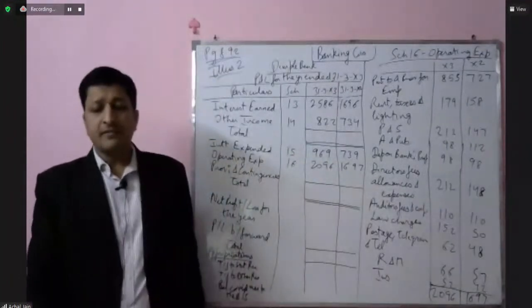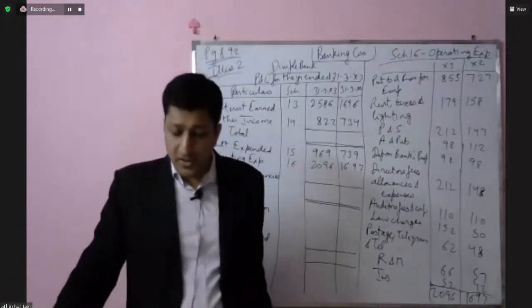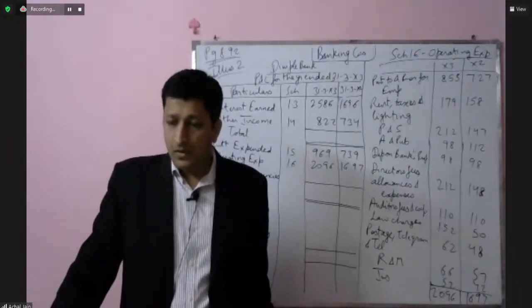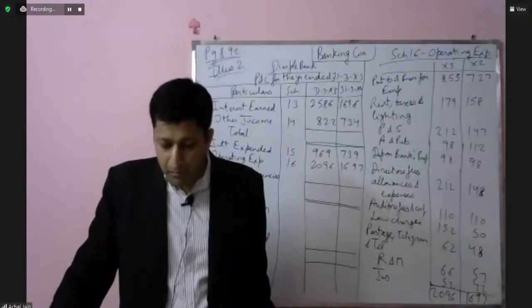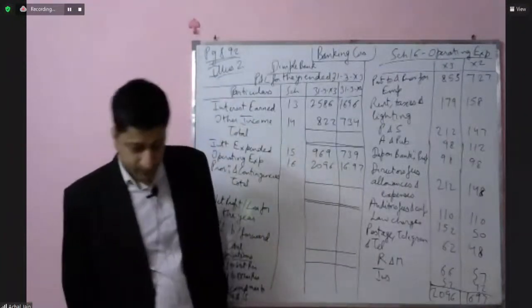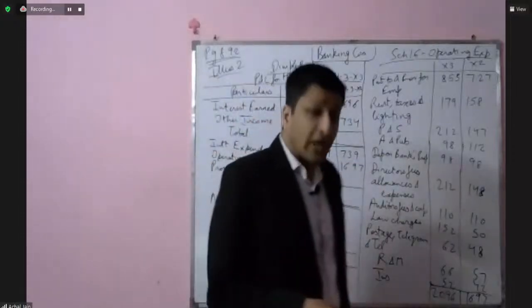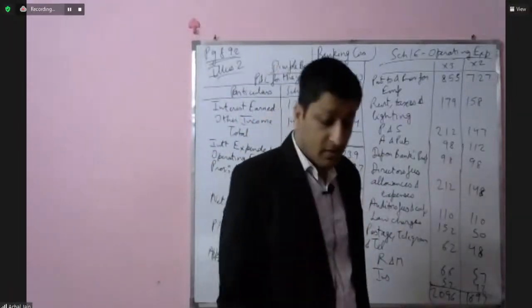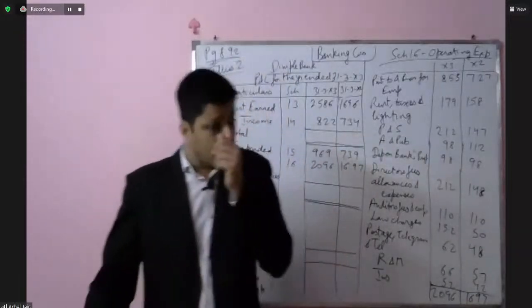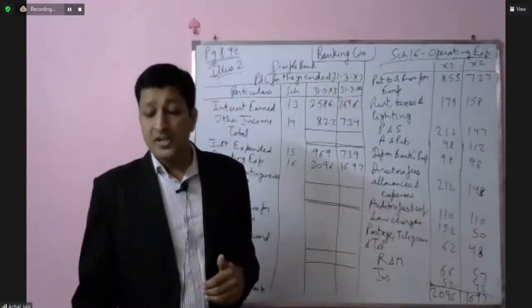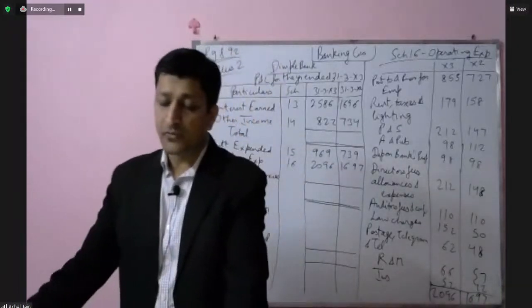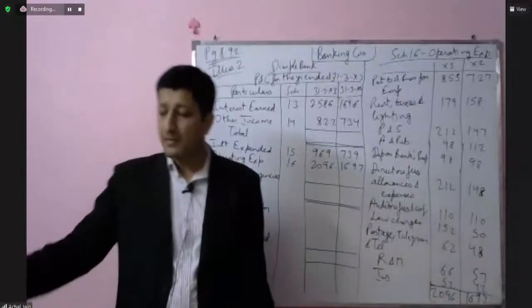Prakash is asking, sir, we will receive interest on deposits with the bank. Then how it can become expenses? See, deposits, if you understand for a bank, will be the one which it would have taken. What are the deposits for the bank? Deposits which it would have taken. Generally, you will not use this term for the deposits given by a bank.